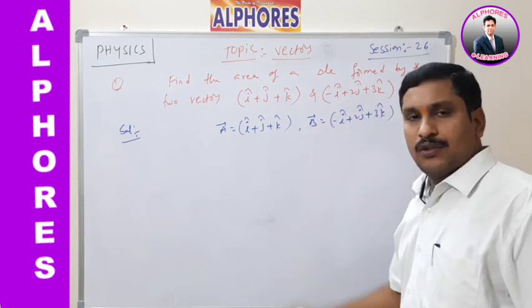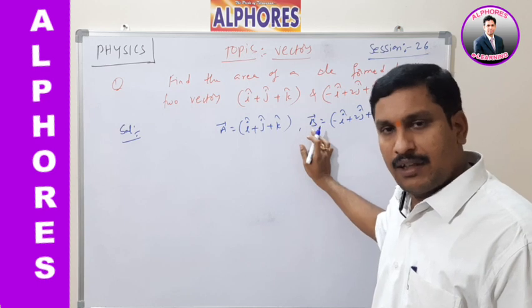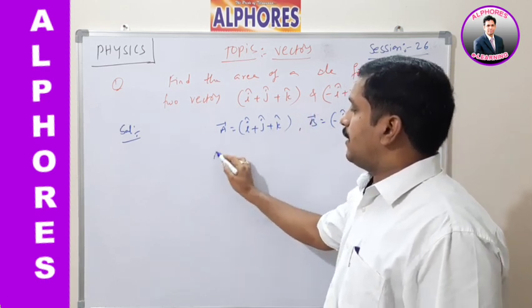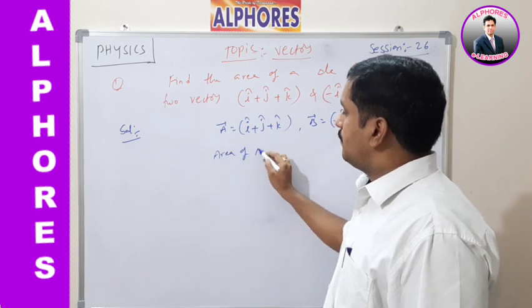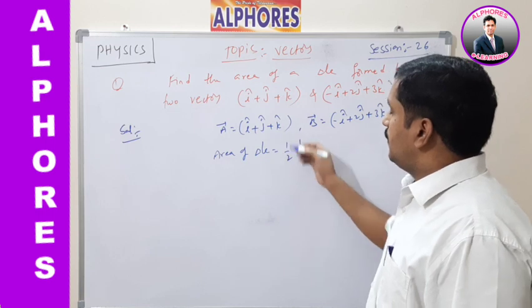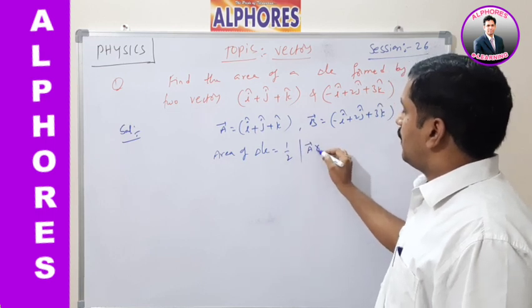Are you clear? These are the given two vectors. Now I have to find the area of the triangle. We already know the area of a triangle is half of the magnitude of a bar cross b bar.